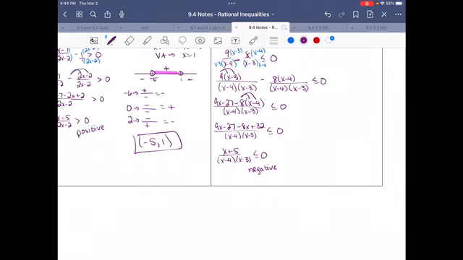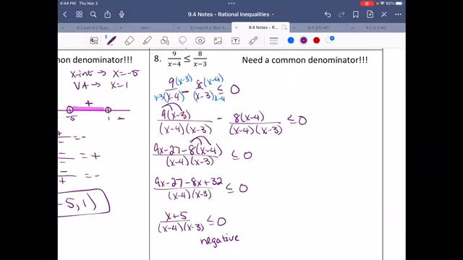Which means I'm looking for negative regions, including your x-intercepts. So my x-intercept there is going to be negative 5. My vertical asymptotes, x equals 3 and 4.